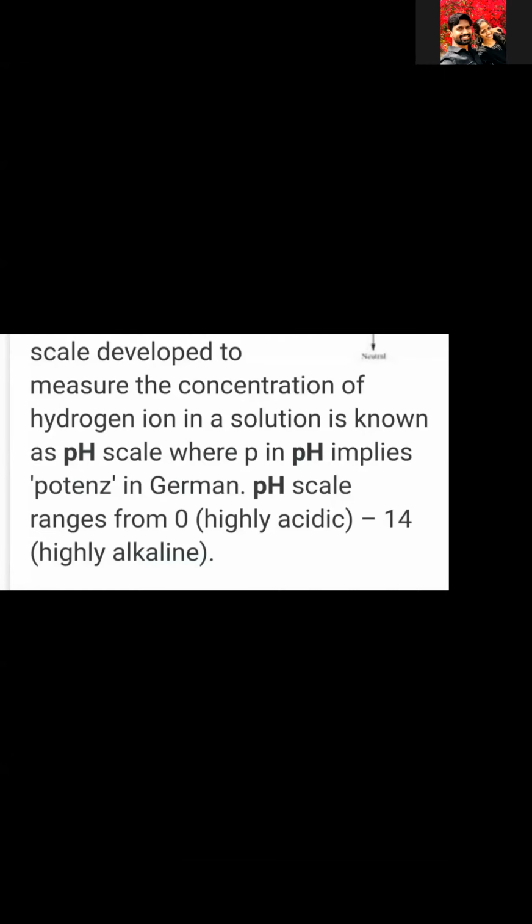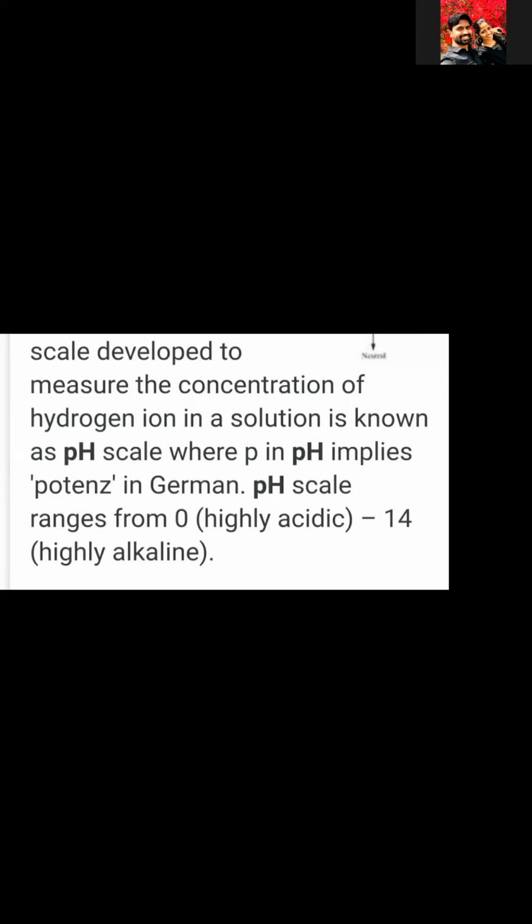See, pH scale is developed to measure the concentration of hydrogen ion in a solution, whereas P in pH implies potenz. That is a German word. The actual P means potential.